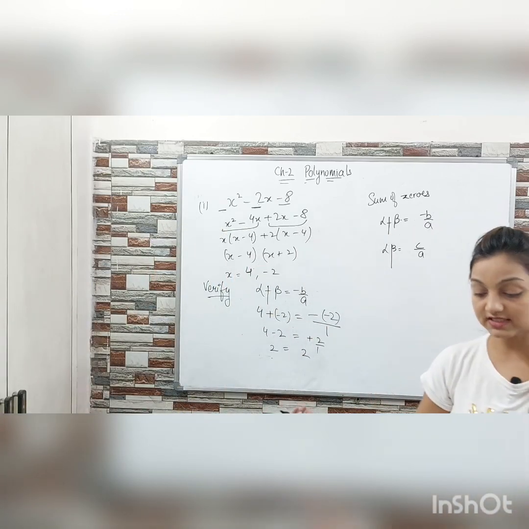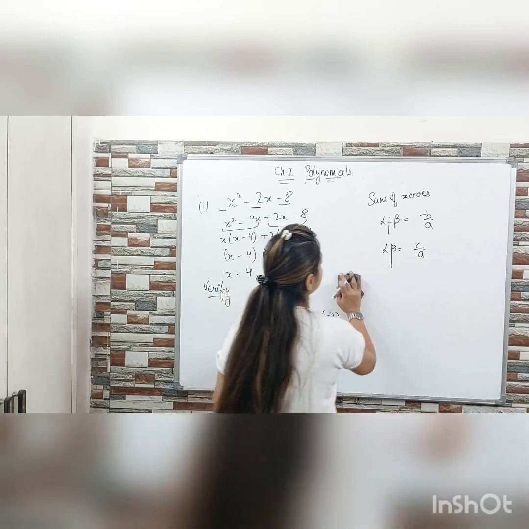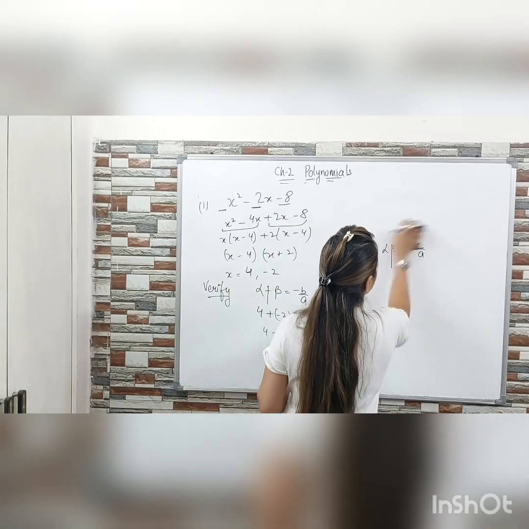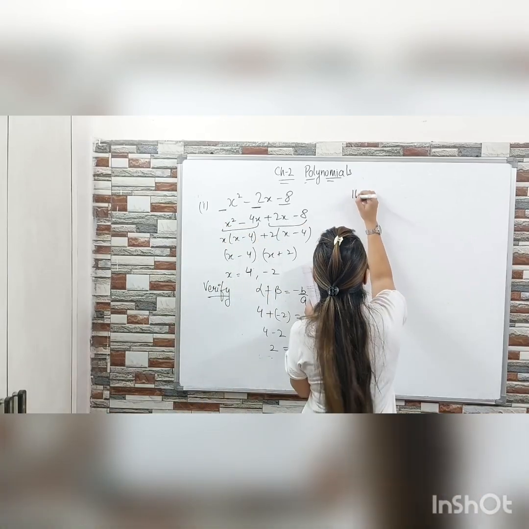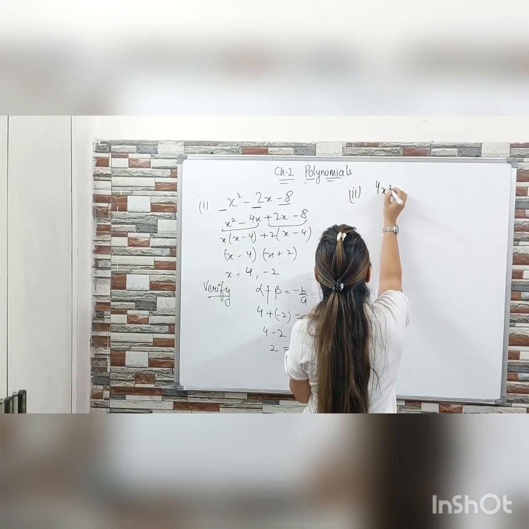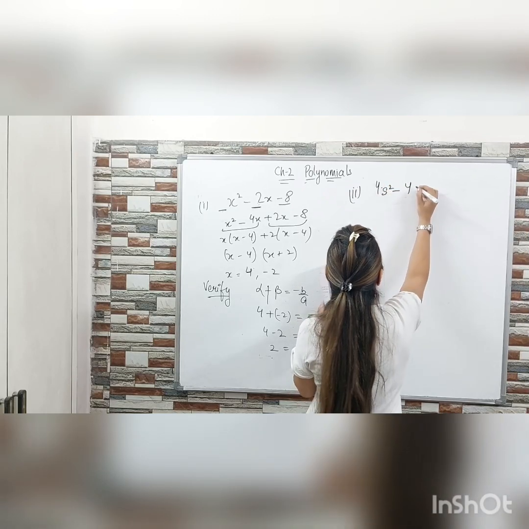The first part of the first question is this. Now I will come to the second part of this question. The same way you have to continue. The second part is 4s square minus 4s plus 1. The variable can be anything.